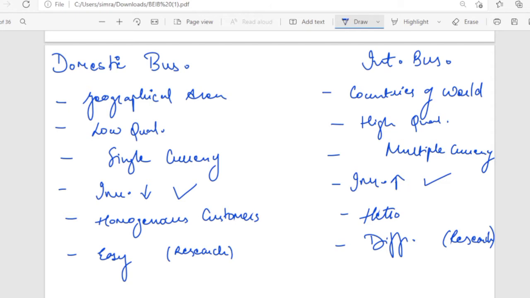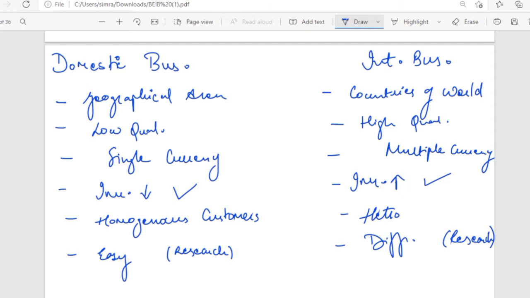Whereas if you are transacting in international business, the customers that you will be serving, your goods, your services, your products will be heterogeneous, because there will be a number of different countries and a number of different people in those countries, right? Suppose you are selling sari in India, everyone knows what is sari, all know that it is the traditional dress for Indian females.